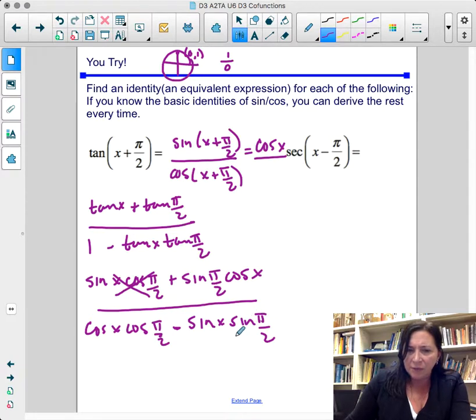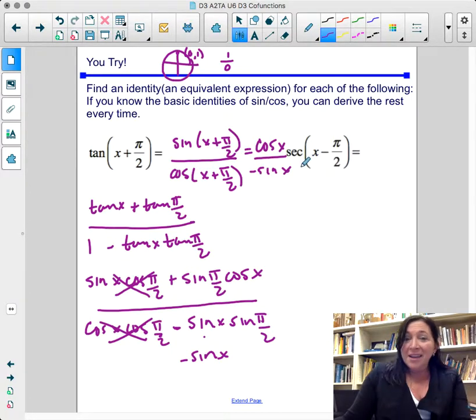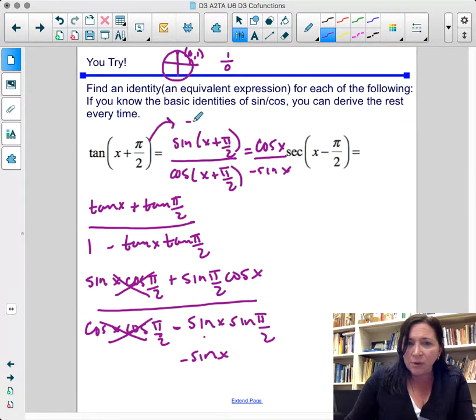So this value here is 1. 1 times this is negative sine of x. This is 0, so that's gone. So I have cosine of x divided by negative sine of x, okay? And so what that's telling me is that's a negative cotangent graph. So this value is going to equal negative cotangent of x.